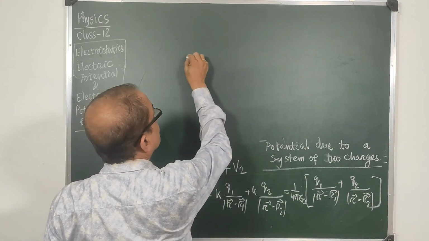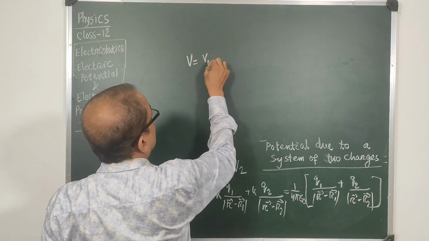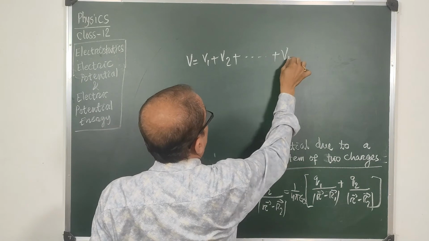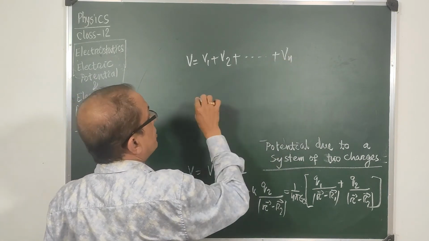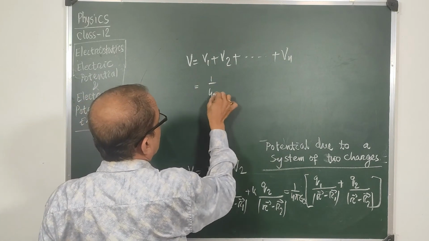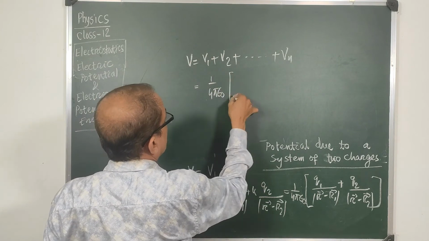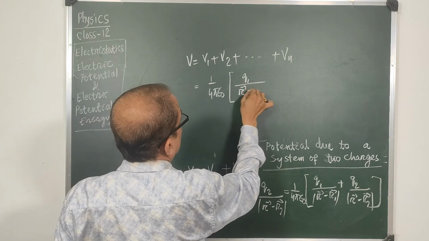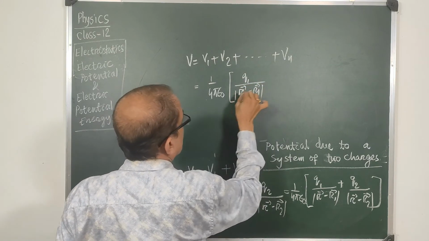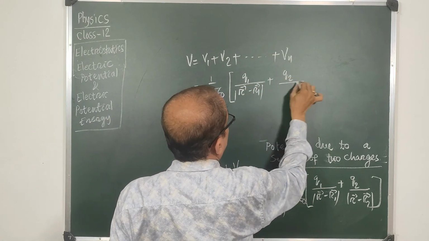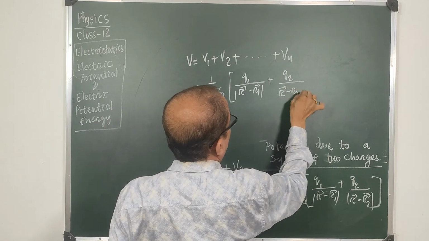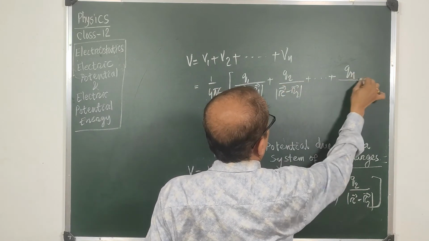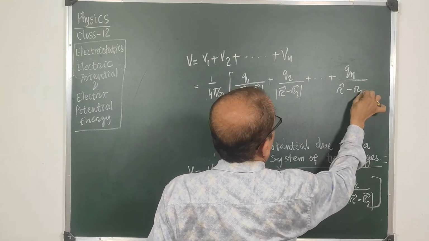So V will be the sum of V1, V2 up to Vn, which is 1 by 4 pi epsilon 0 into q1 by mod r minus r1 plus q2 by mod r minus r2 plus up to qn by mod r minus rn.